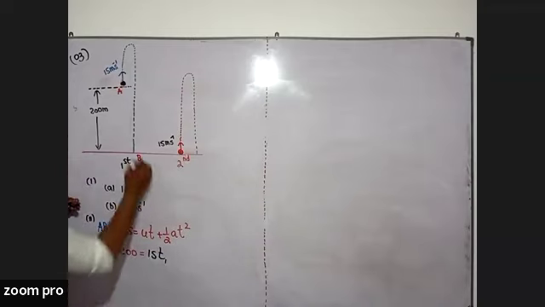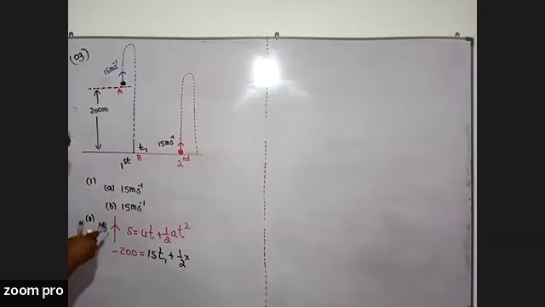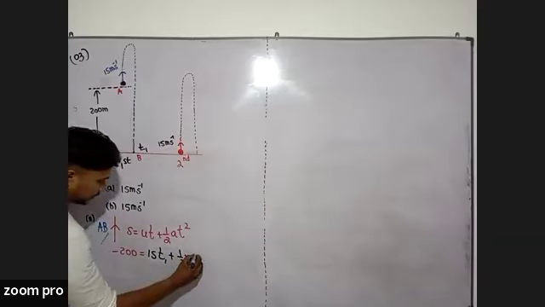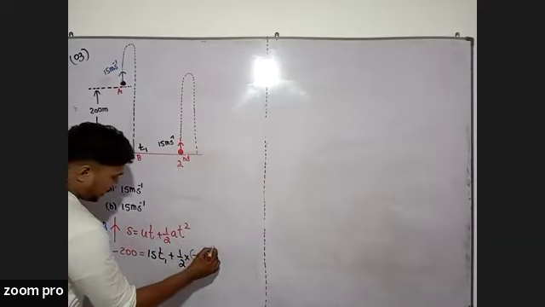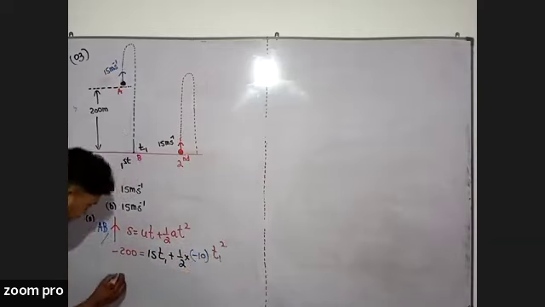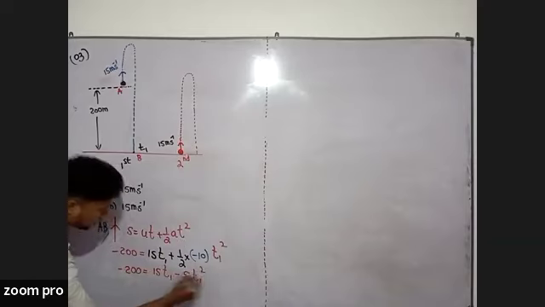Let's call the time t1, plus half times 10. This acceleration also should be substituted as minus 10, and t1 squared. So minus 200 equals 15 t1 minus 5 t1 squared.